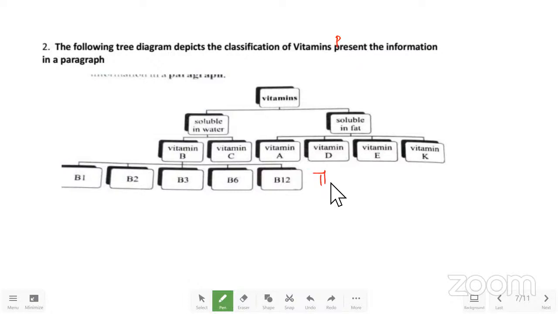The tree diagram depicts the classification of vitamins.